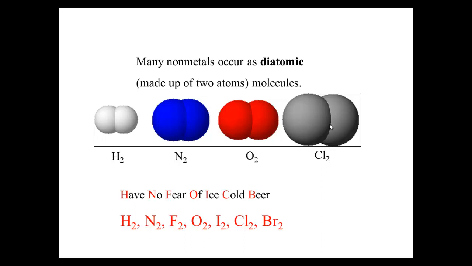And a quick, easy memorization for that, one of my students taught me this, is have no fear of ice cold beer. And these are all of your diatomic elements that you should know. So for example, hydrogen, nitrogen, fluorine, oxygen, iodine, chlorine, bromine. All of these elements occur naturally as diatomic molecules.